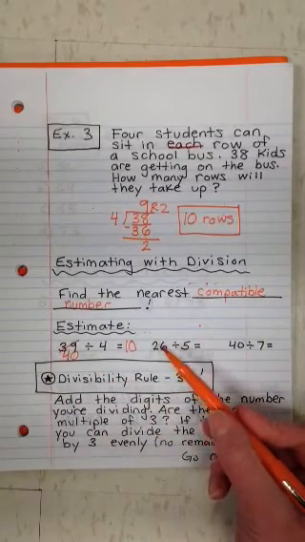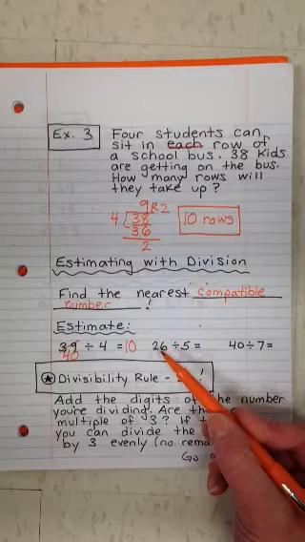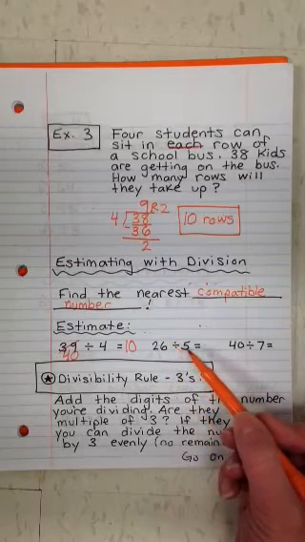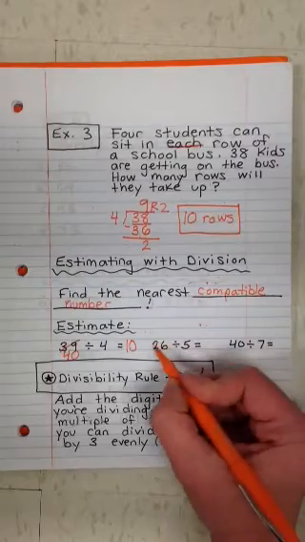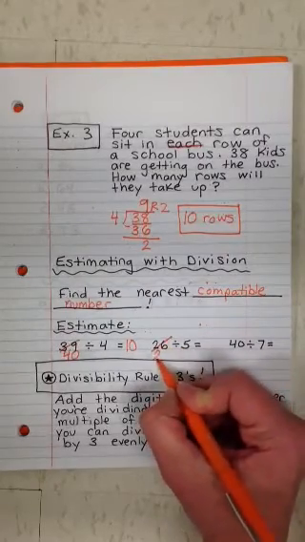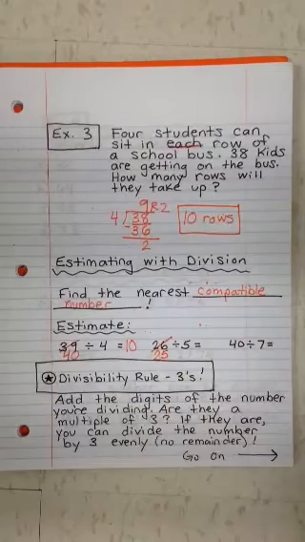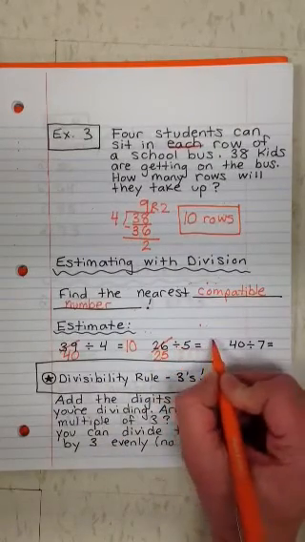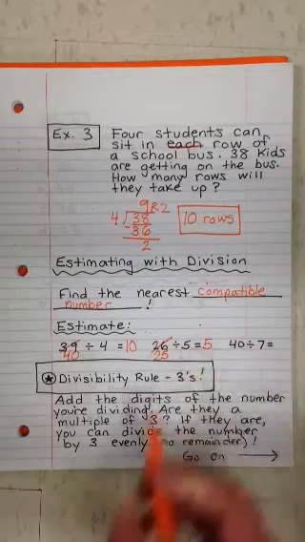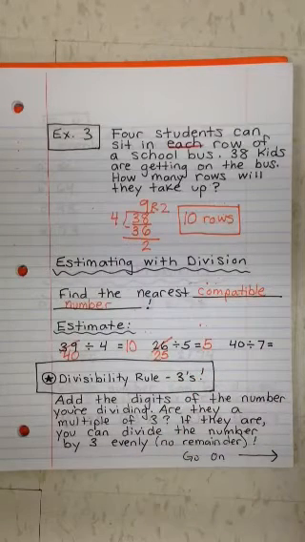Okay, well, let's find a compatible number for 26. 26 divided by 5. The closest I can get to 26 is 25. That can be divided evenly by 5. 25 divided by 5 equals 5. So 26 divided by 5 is about 5.